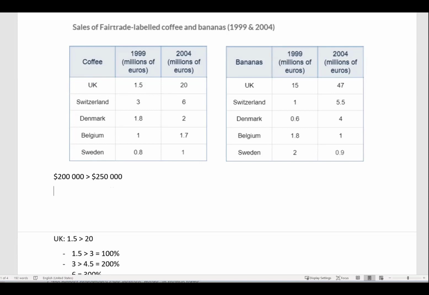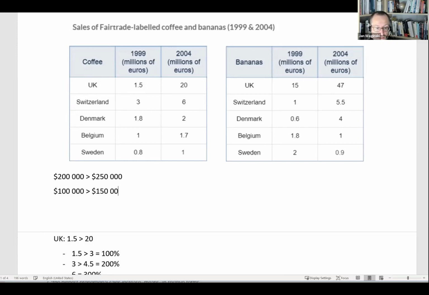And let's say someone else has a similar business, but they went from $100,000 last year to $150,000 this year. Which business is more interesting for an investor? The second one, 100 to 150.